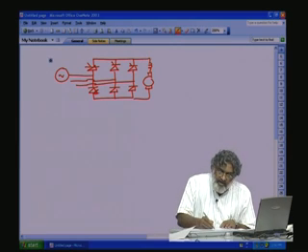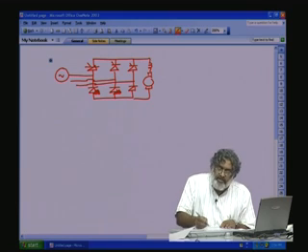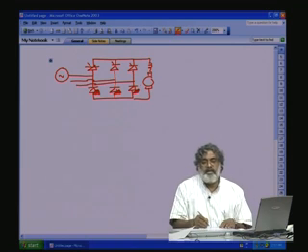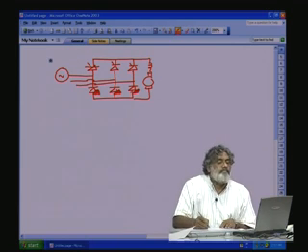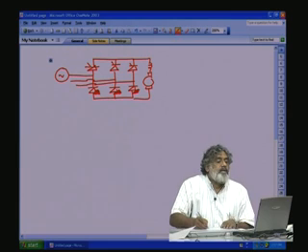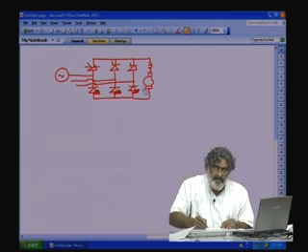One advantage of the diode is that the moment it is forward bias, it does not require a gate pulse to turn on. The moment it is forward bias, that is, anode is positive with respect to cathode, it will conduct immediately. Sorry, we will just correct it.